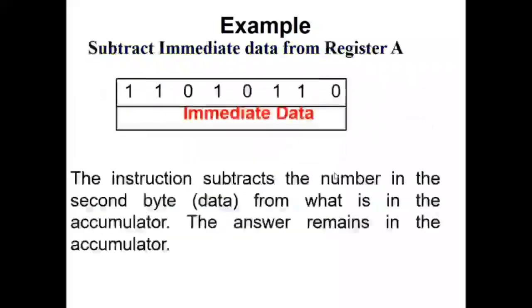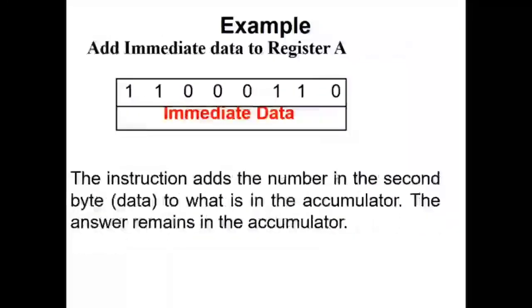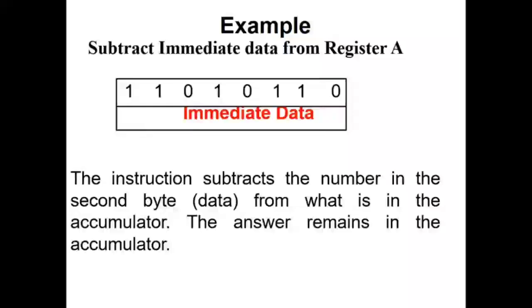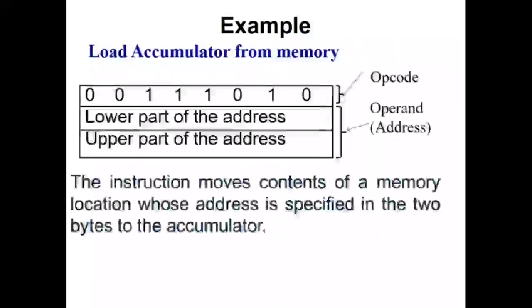Okay, I think you are right. Adding immediate data is C605. Okay, then you move what is in the accumulator to register B. Thank you very much, Charlotte. Okay, is it clear with the others?